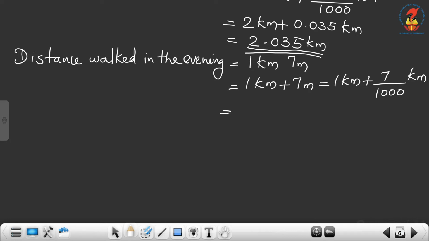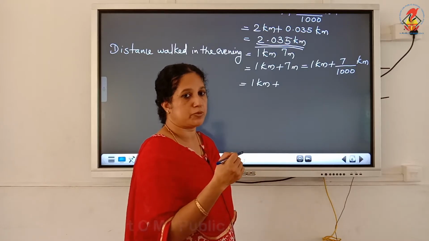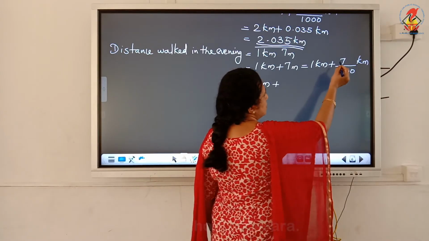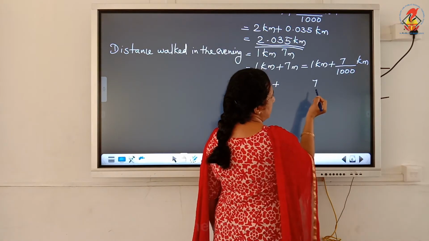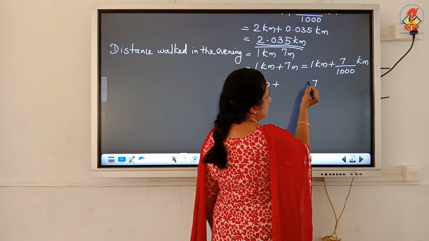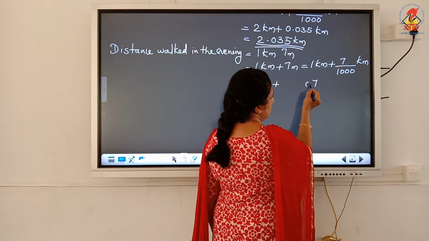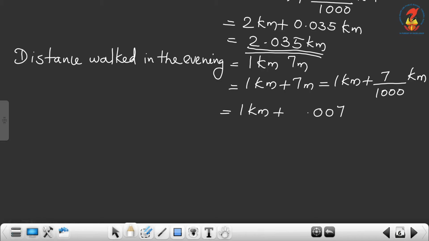Now look at that, after 1 we have 3 zeros, so we have to move 3 digits and then put the decimal point. First we have 7, we need 2 more digits, which are not present, so we put 2 zeros. Then the decimal point, and the whole number part is not there, so we put 0.